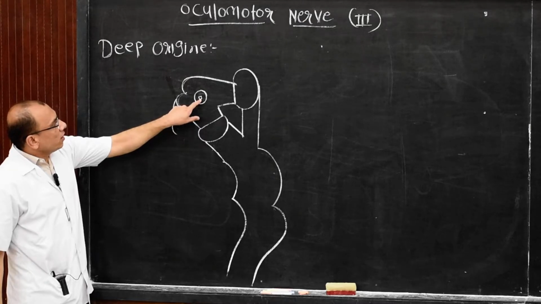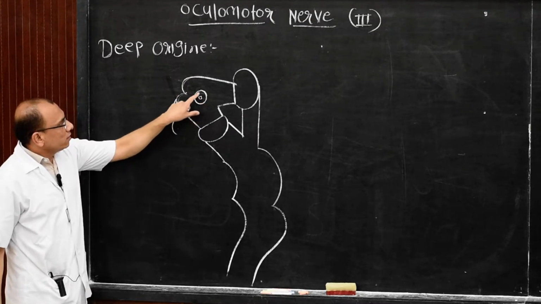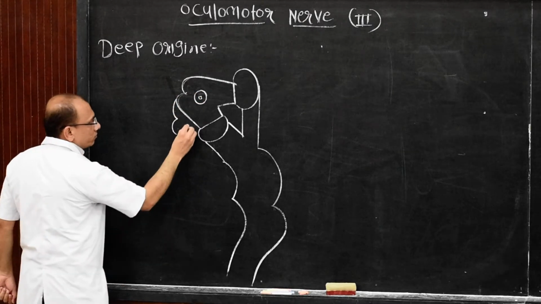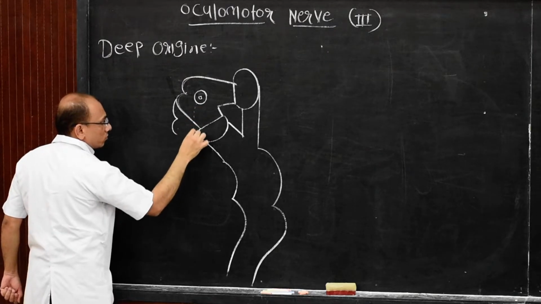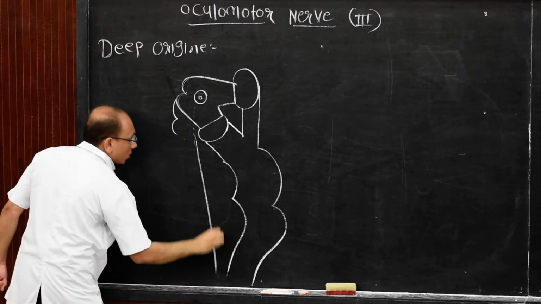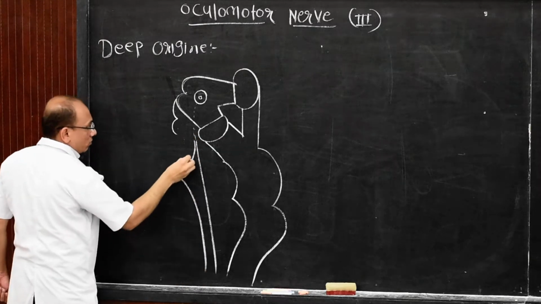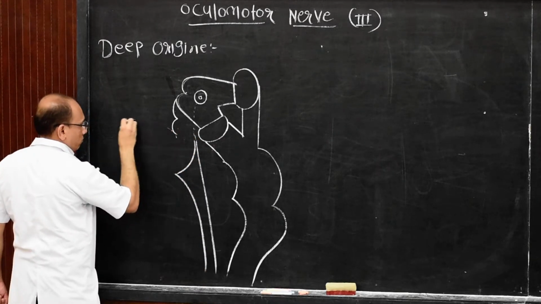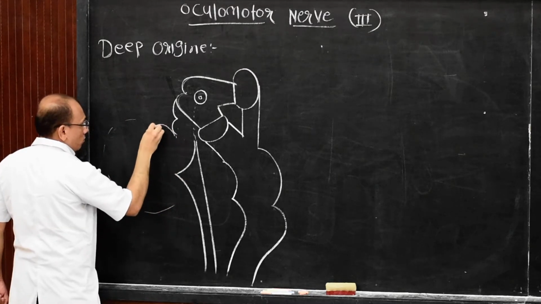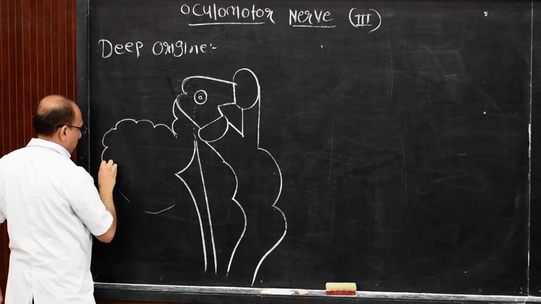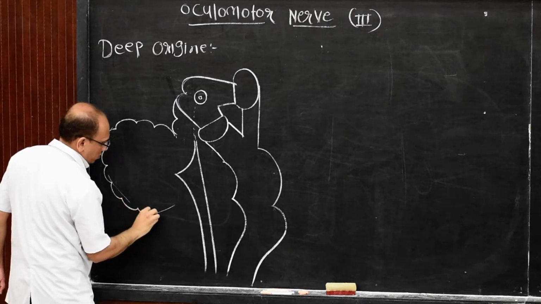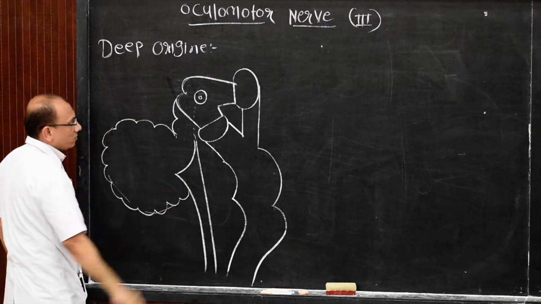This one is the cerebral aqueduct, and surrounding it is the periaqueductal gray matter. And this is the cerebellum.